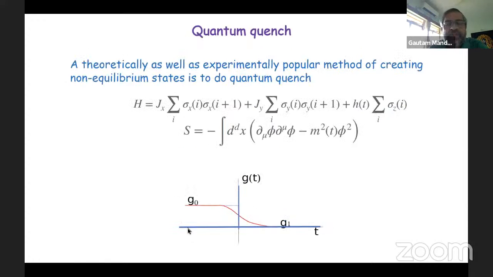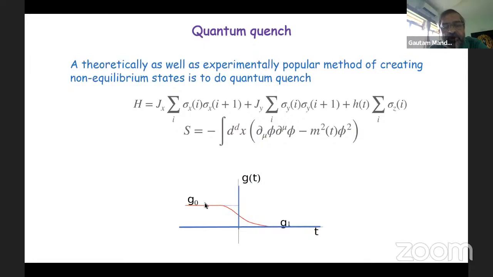Okay, so as I said, we will talk about quantum quench, a theoretically as well as experimentally popular method of creating non-equilibrium states. So you take a Hamiltonian, which could be a spin model or quantum field theory, and the Hamiltonian would have some time-dependent parameter.